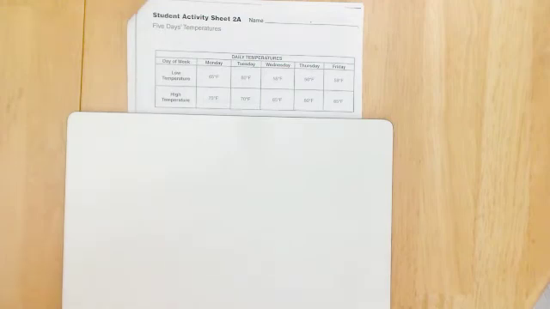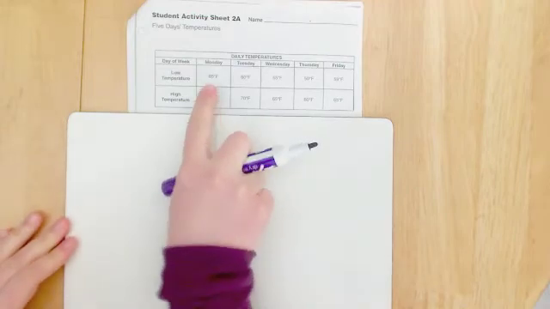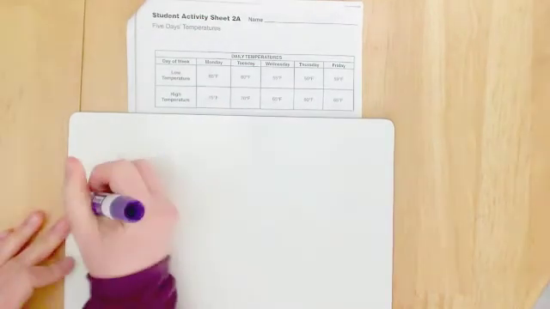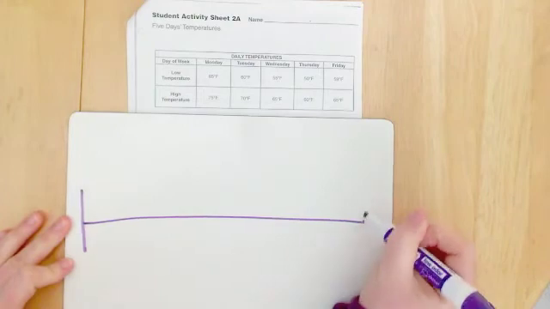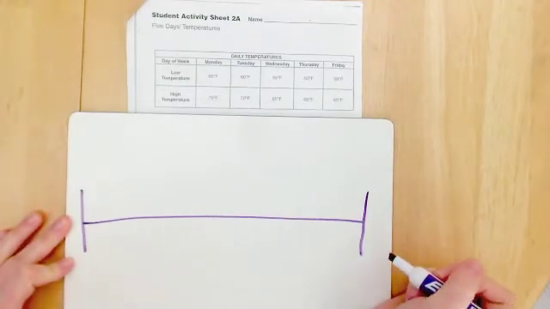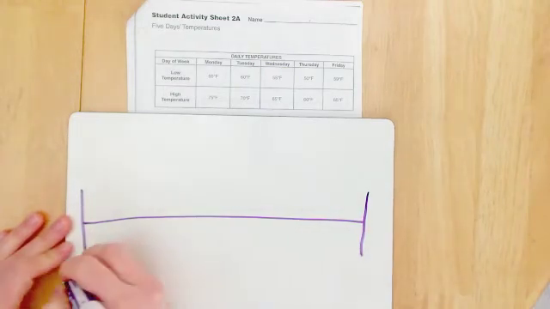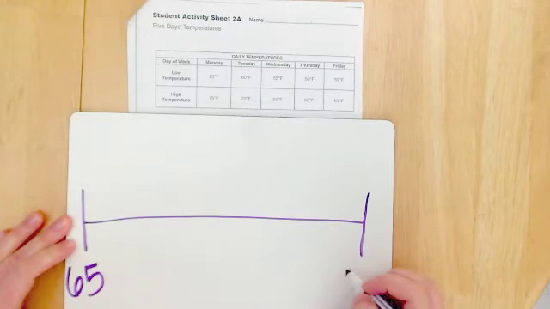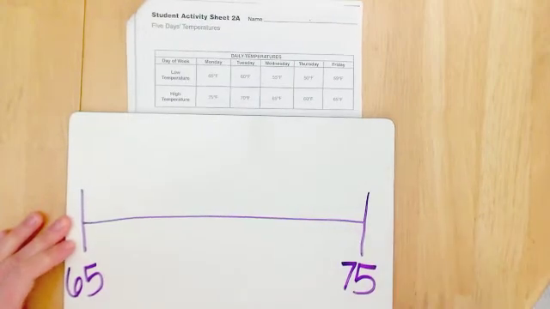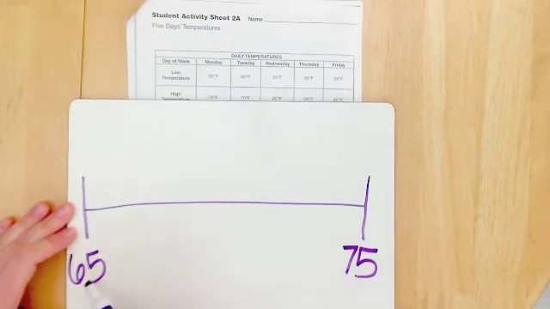So we're going to actually draw a number line, but we're not going to make it all the way to 75. We're going to just make it from 65 to 75. We did this in math. We practiced doing number lines when we were subtracting, or when we were doing repeated subtraction for division. So we're going to put 65 on one end. We're going to put 75 on the other. And you're going to think, how much is it to get from 65 to 75?